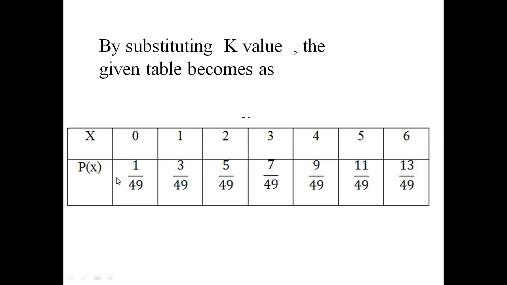These are the events. Here k means 1 by 49. 3k means 3 by 49. 5k, 5 by 49. 7k, 7 by 49. 9k, 9 by 49. 11k, 11 by 49. 13k, 13 by 49. Now we are getting all the corresponding probabilities.